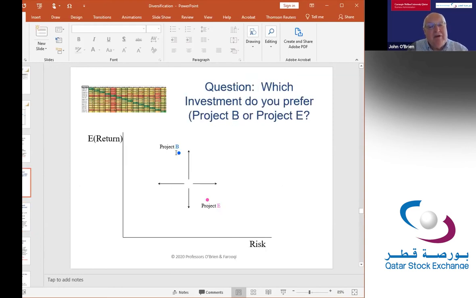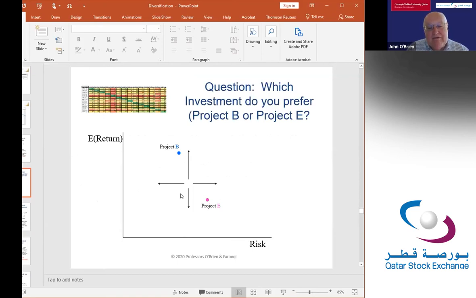This one provides a higher expected return and it's of lower risk, because if we drop down to this x-axis, our risk level is there, whereas this risk level is out here. So we get a higher expected return without assuming any more risk. Or we can get minimal risk at a certain target return.